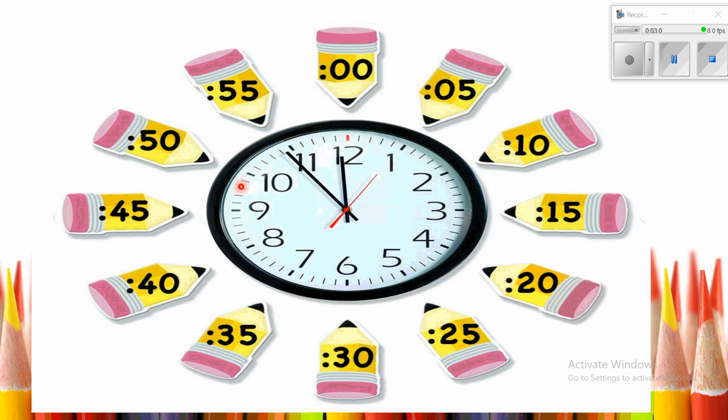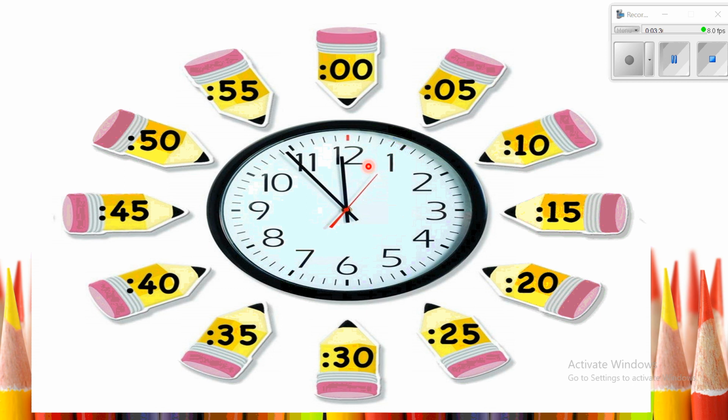Can you see the numbers here? I have 12, 1, 2, 3, 4, 5, 6, 7, 8, 9, 10, 11, and I go back again to 12. When the short hand moves from here to here, it will be an hour.